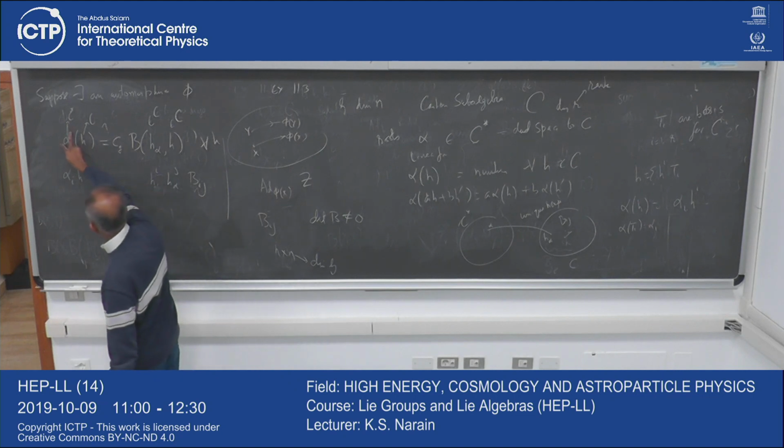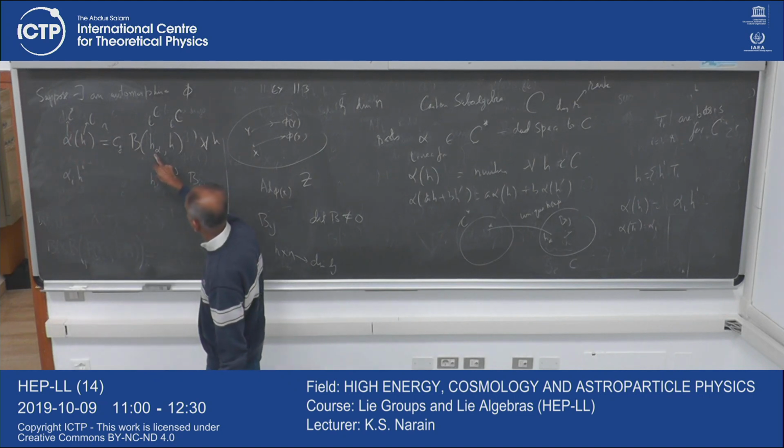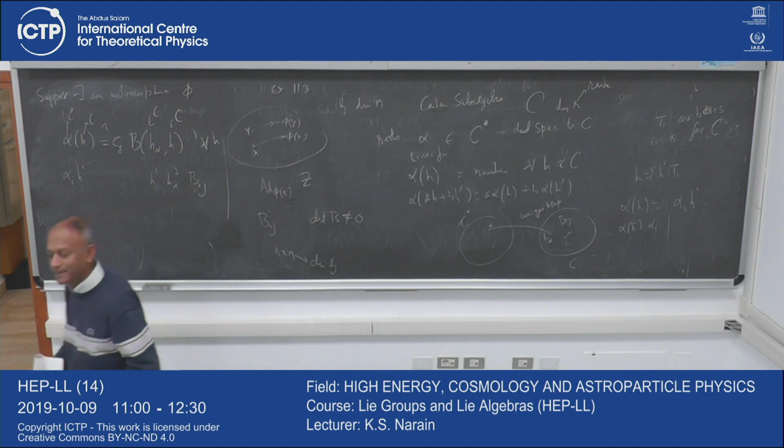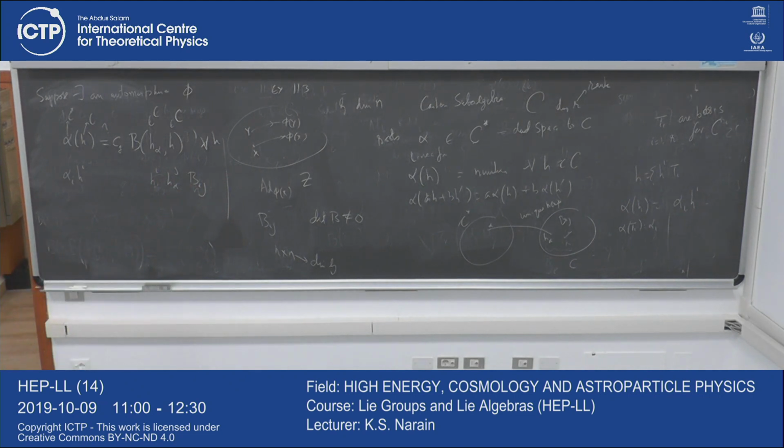You started with an alpha, and we are finding an associated element of C, H_alpha. Why does it have to be unique? This map between C and C star. Otherwise, what will be the definition? Well, for the non-degenerate metric, we'll find it to be unique anyway.